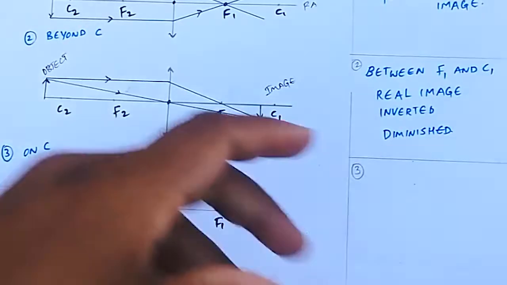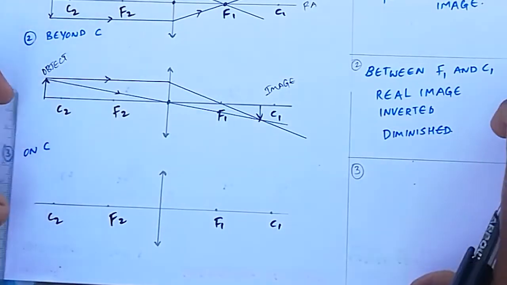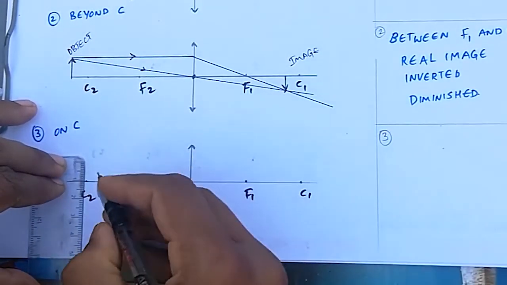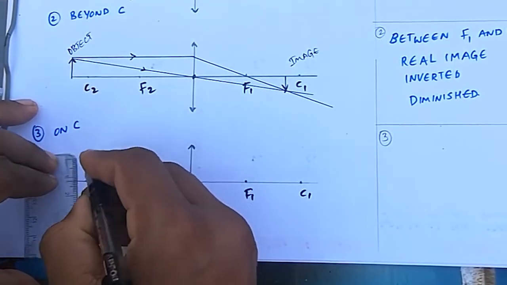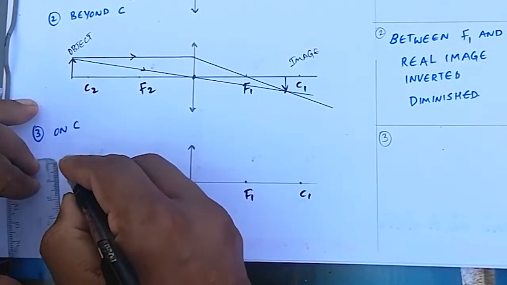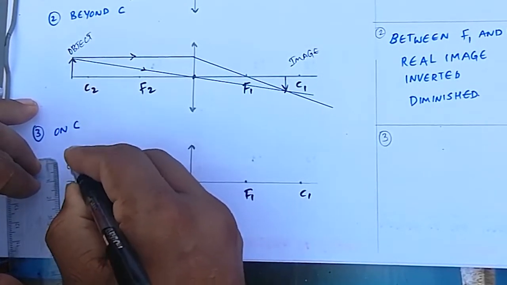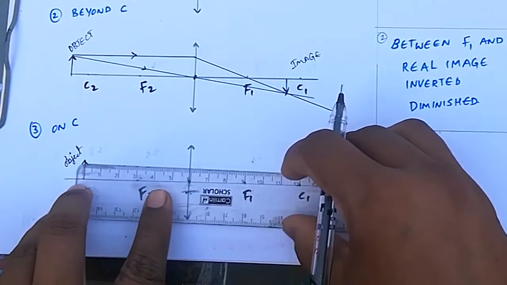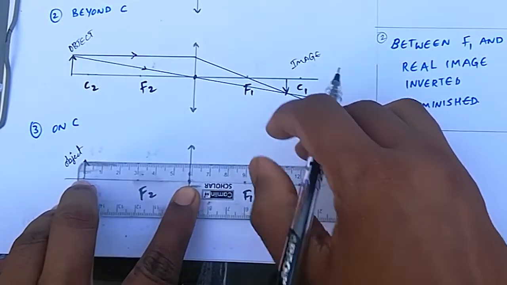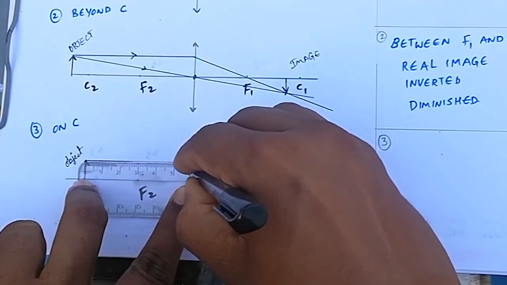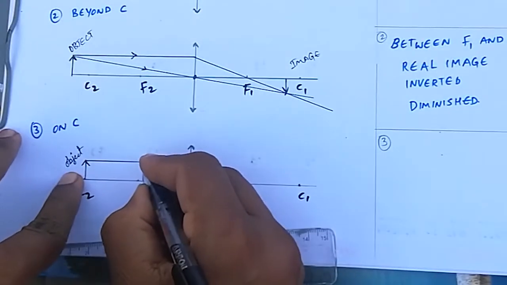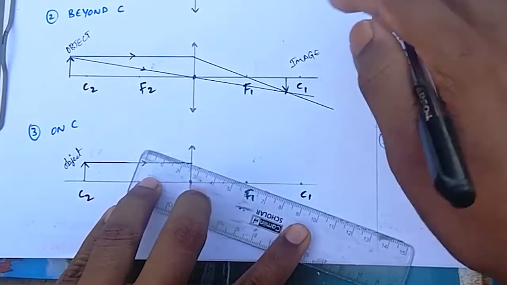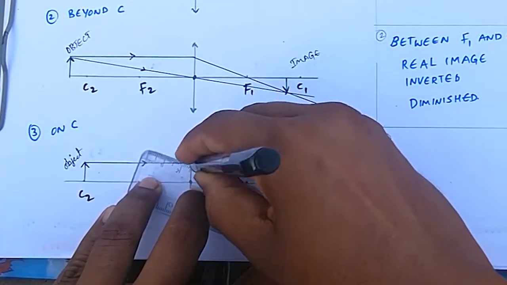Okay, now the third position we will draw. That means on C, when the object is placed on C, how it will be. I am following the same 1 centimeter object height. So this is the object, optic center. Same procedure: draw the horizontal line onto the lens, incident rays, then this one will be converged at focus, extend this one.